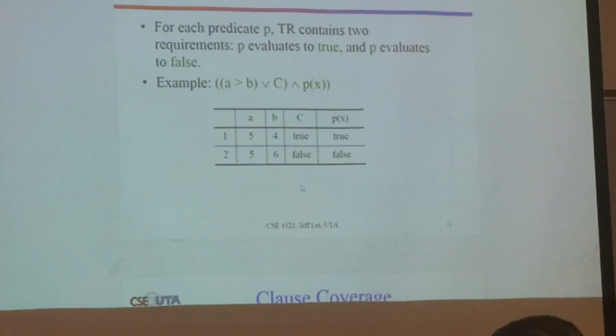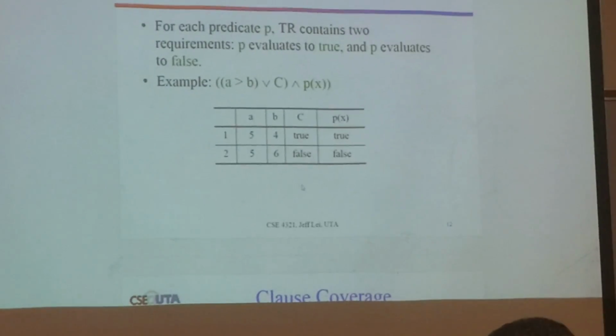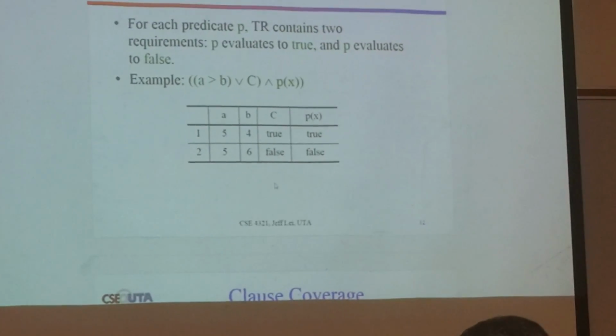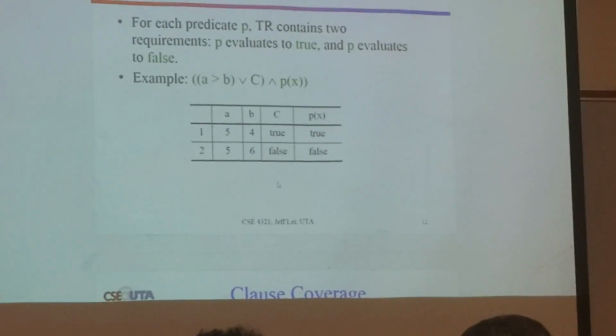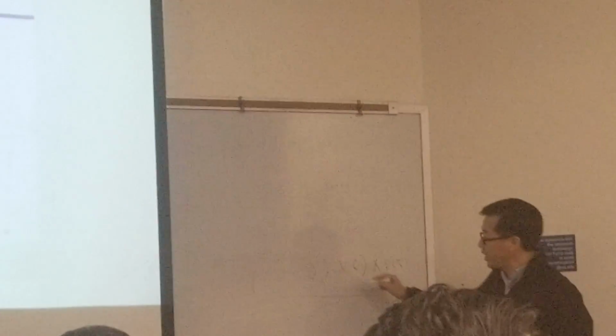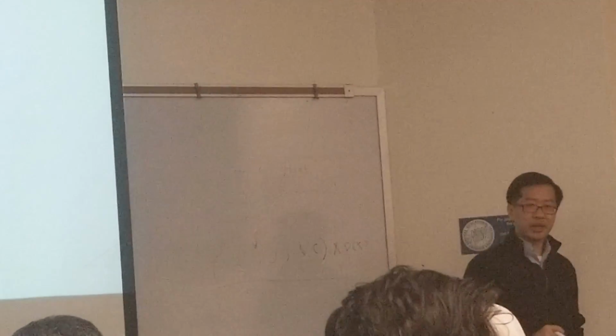If I put A less than B, and everything else is the same. If I made a mistake here, would these two test cases help me to detect? If I make a mistake here, for whatever reason, I put the operator instead of greater, would these two test cases help me to detect?